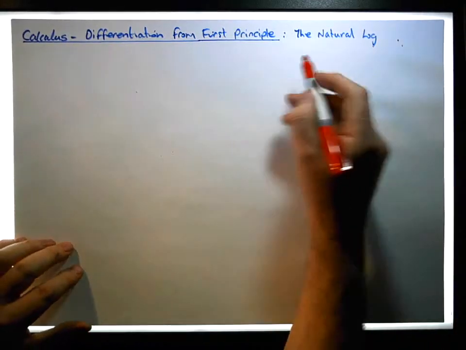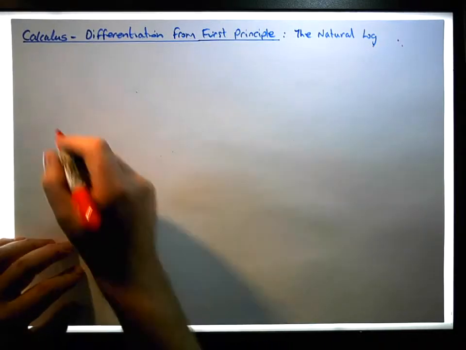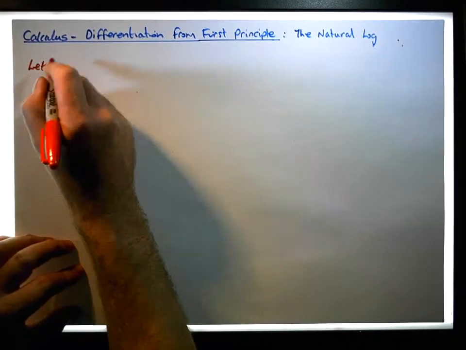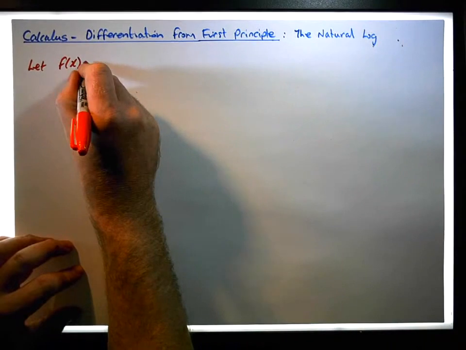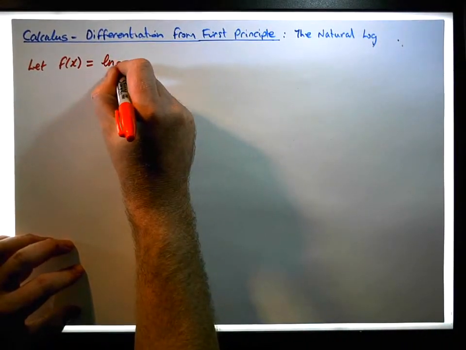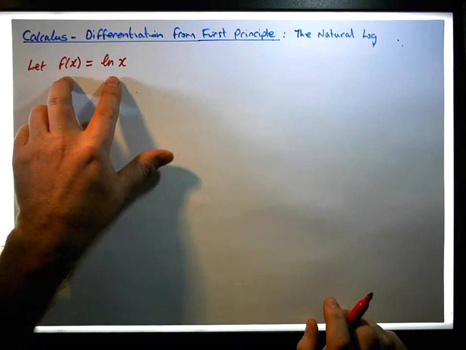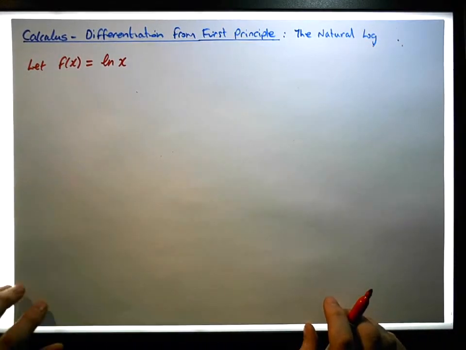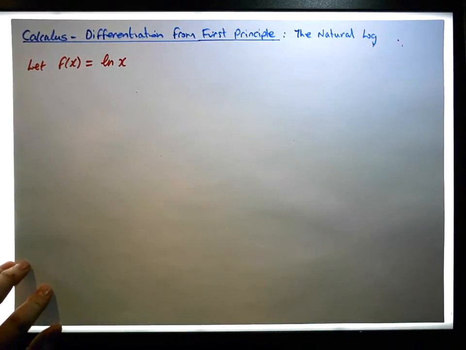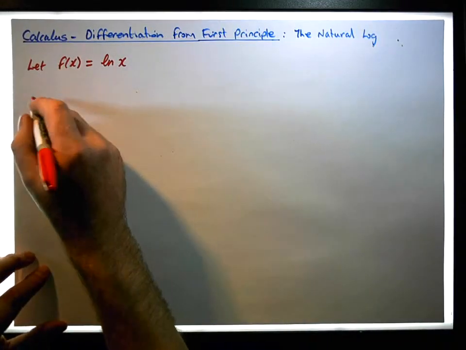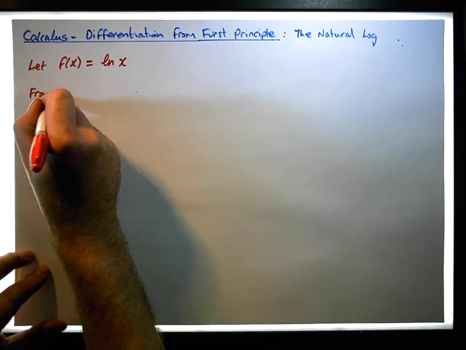So let's just define the natural log as a function. Let f of x be equal to the natural log of x. And we know the definition of a derivative with respect to limits.